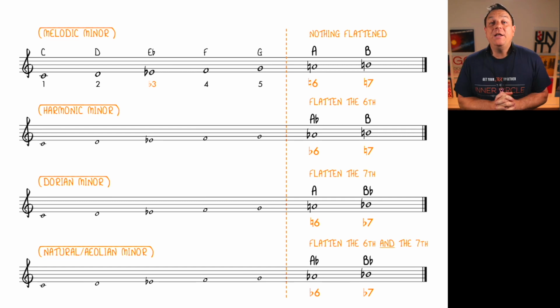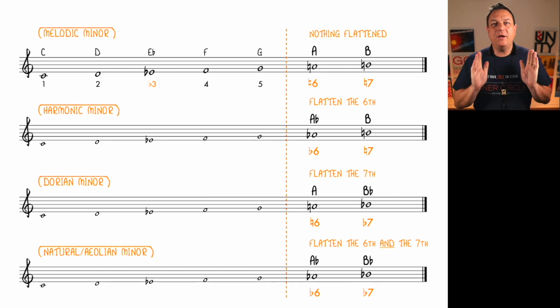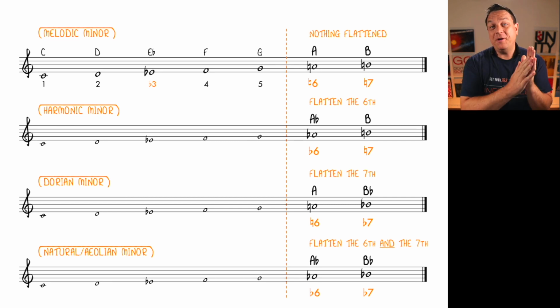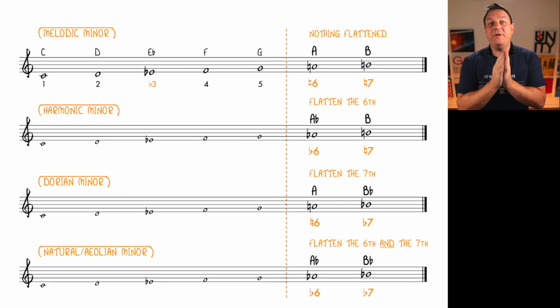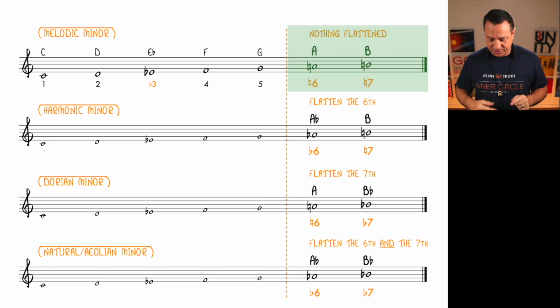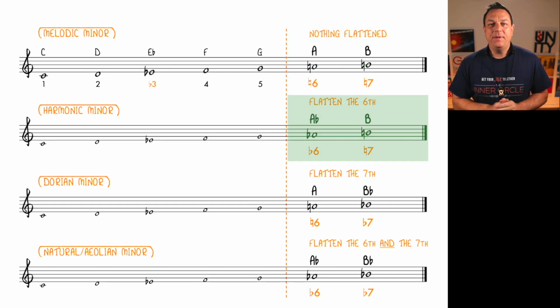So there are your 4 main scales. Let's go over them one more time. Melodic minor. First of all, you've got your base 5 notes: 1, 2, flat 3, 4, 5. They're the same for all the scales. Then melodic minor has natural 6, natural 7. Harmonic minor has flattened 6th, natural 7.